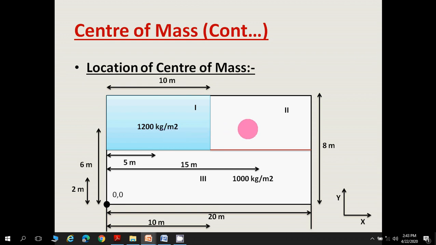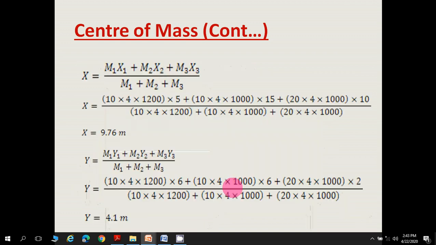Similarly for figure 2, the floor area is 10 into 4 meter and the load intensity is 1000 kg per meter square. So the total dead load on floor 2 is 10 into 4 into 1000. For floor 3, the length is 20 meter, so the total area is 20 into 4, multiplied by the load intensity of 1000 kg per meter square.